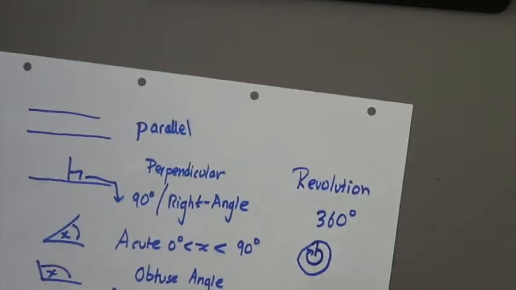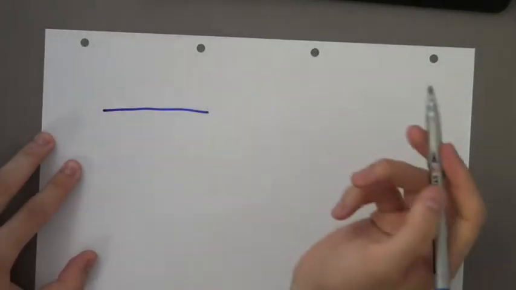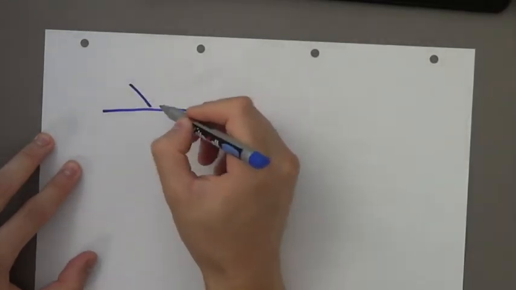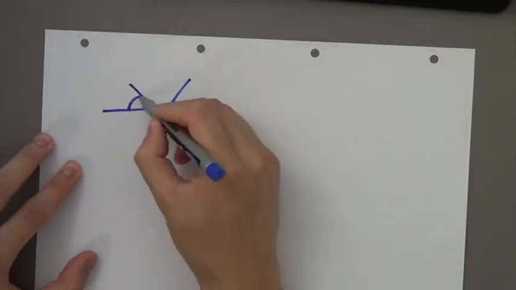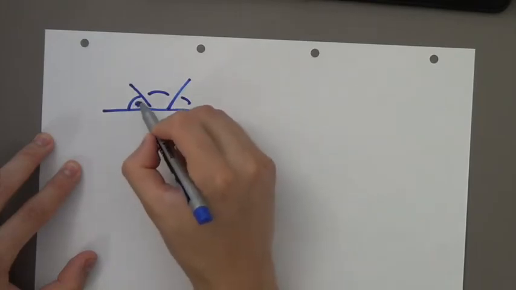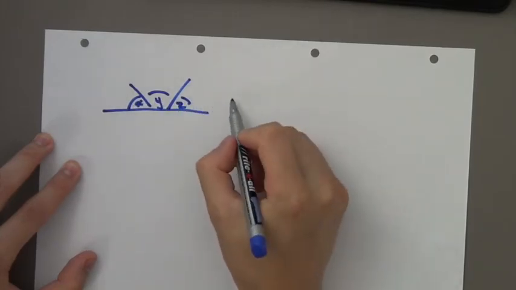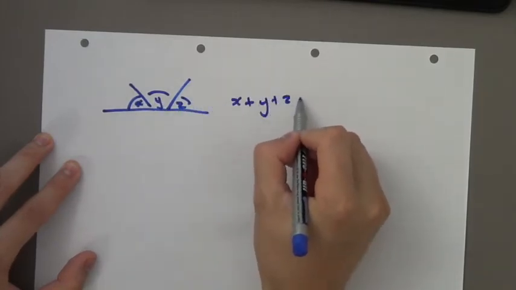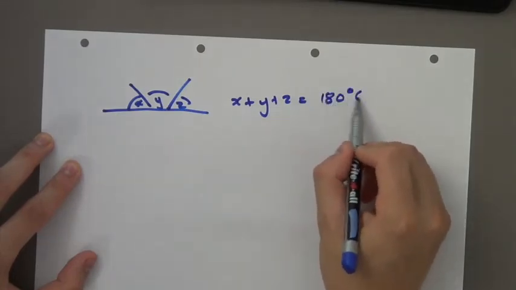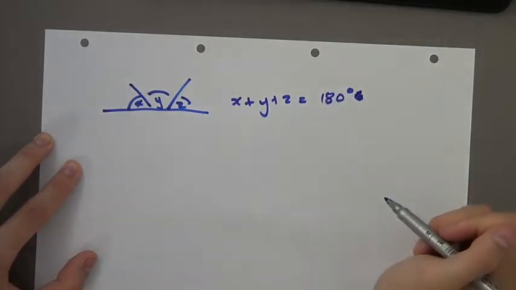So just a couple of examples to be aware of. Okay, you might get some questions in your exam. If I have three angles here, x, y and z, x plus y plus z has to equal 180 degrees.